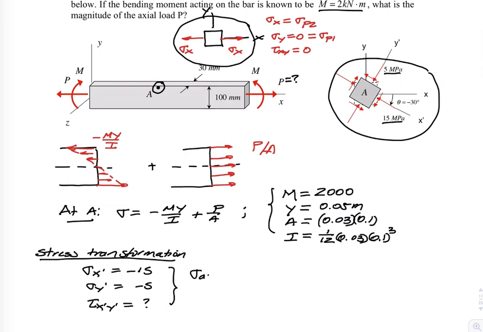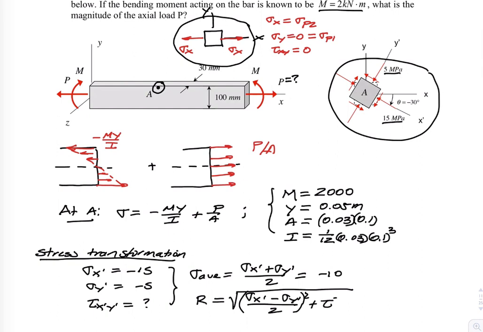But what we can get from this is that sigma average, which is sigma x prime plus sigma y prime divided by 2, ends up being minus 10. And the second parameter that we need for a stress transformation is R, which is the square root of sigma x prime minus sigma y prime divided by 2, squared, plus tau x prime y prime squared. If we write this out, that's going to be 25 plus tau x prime y prime squared.